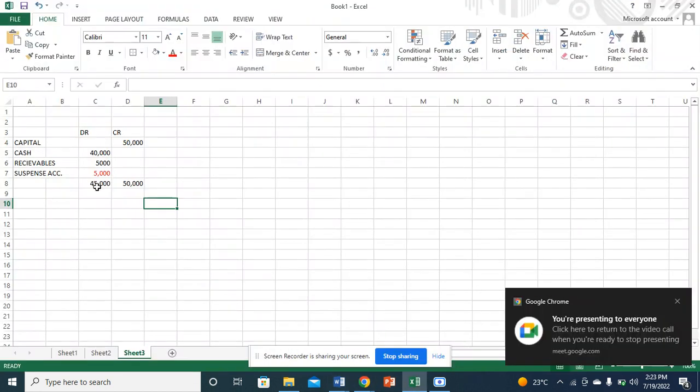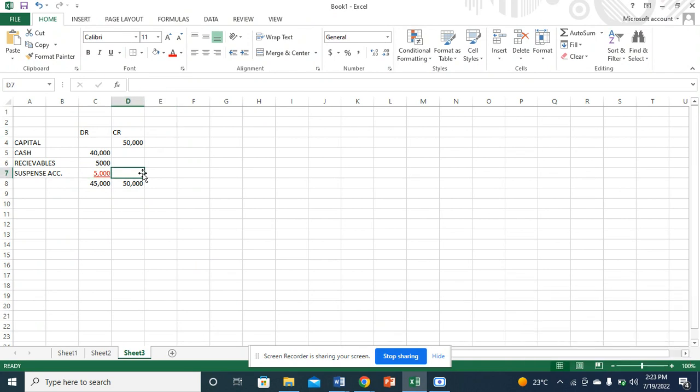All right. So it's going to be a temporal account to balance the trial balance. Let's say maybe you are still not able to find the errors. What you can do is, if the suspense account has a balance on the debit side, on your balance sheet, you treat it as a current asset, right?